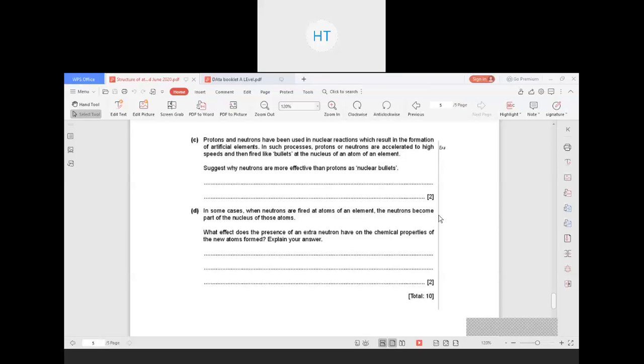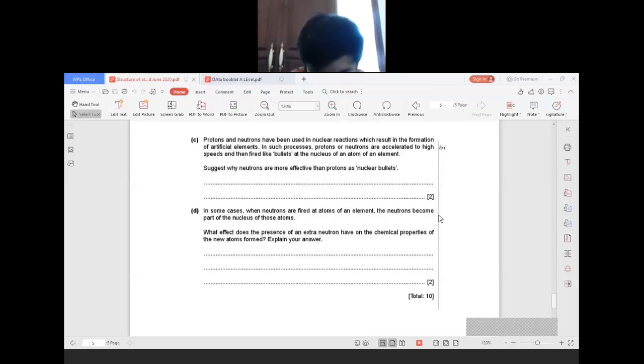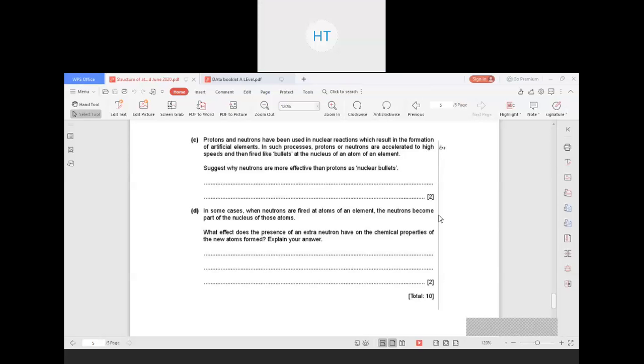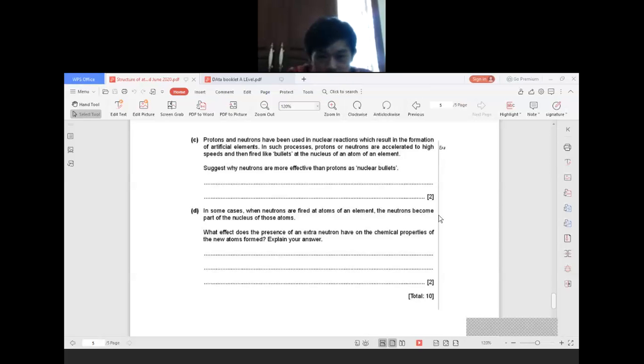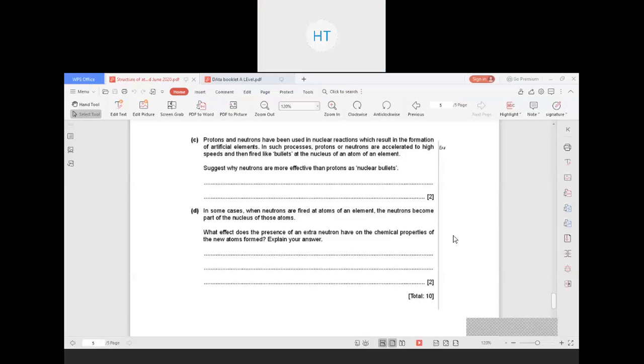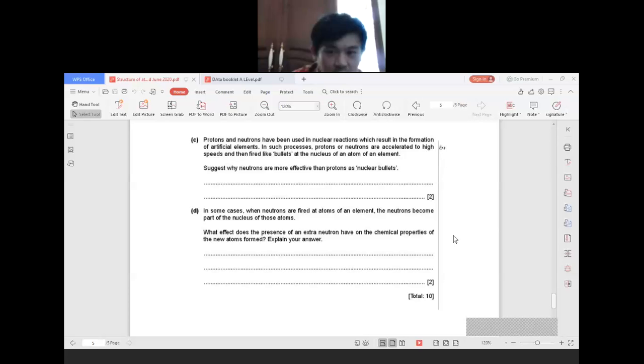What is the effect, Hardy? It will affect its atomic mass. No, the question is asking for chemical property. What is the effect on the chemical property?